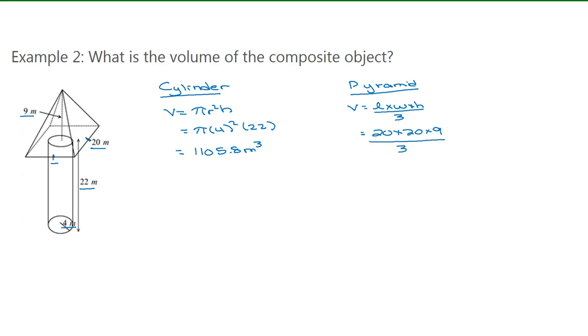Now multiplying those three numbers together and then dividing by 3, I get 1200 cubic meters. So then we can say that the total volume of that composite object is 1105.8 plus 1200, which is 2305.8 cubic meters.